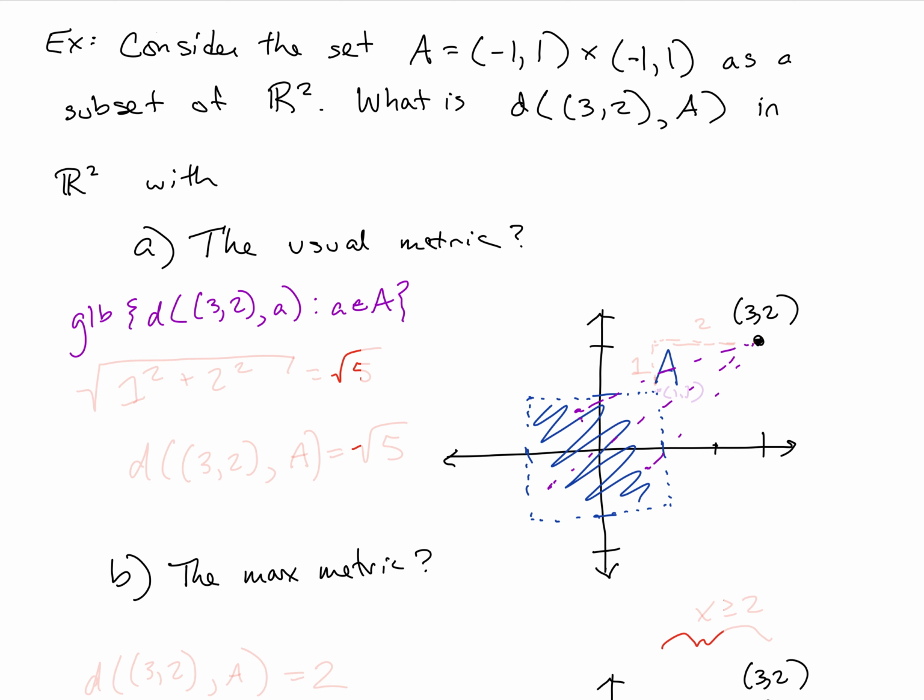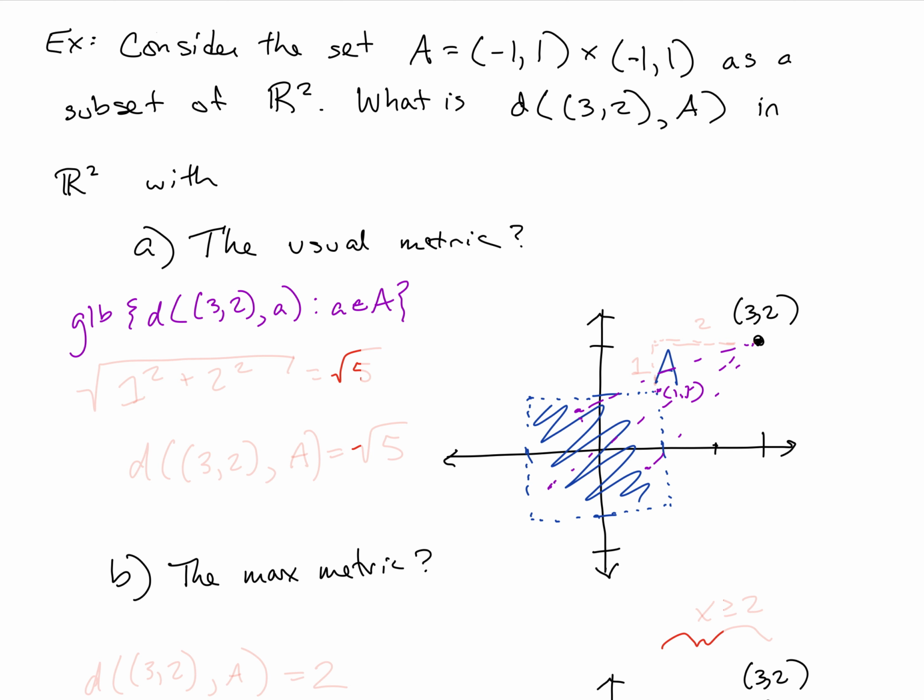If we think about the point (1, 1), which is not an element of A, but is on the edge of A, we see that the point (1, 1) is closer to the point (3, 2) than any other element of A. So the distance between (3, 2) and (1, 1) would be a greatest lower bound for this set of distances.